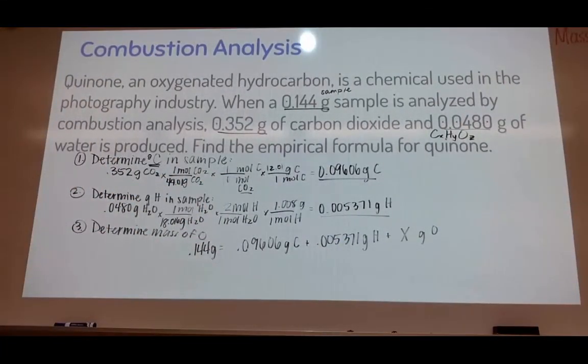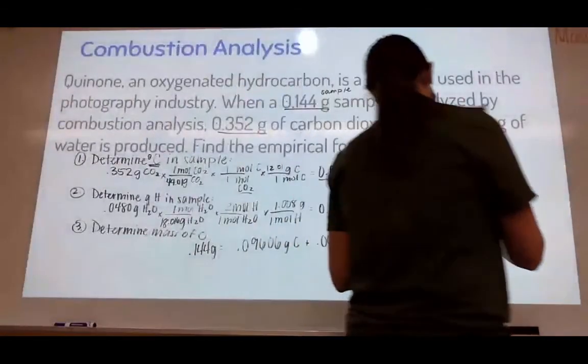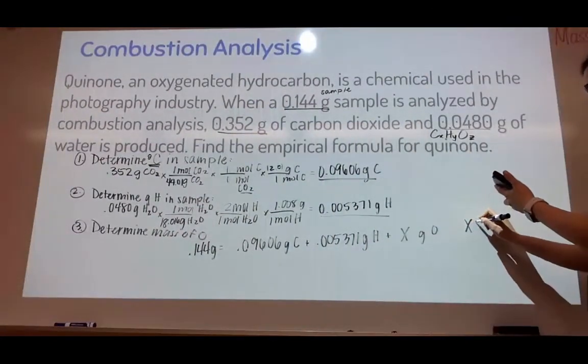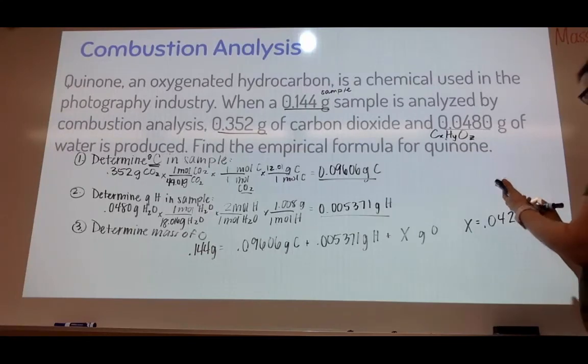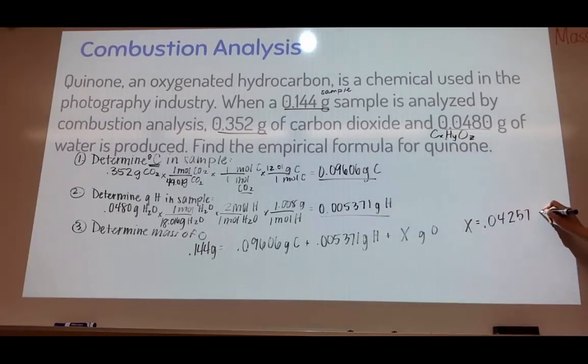So 0.144, I'm just going to subtract both of them, minus 0.09606 minus 0.005371, which gives 0.04257. I'll just keep them all out to 4 sig figs. There's my oxygen.